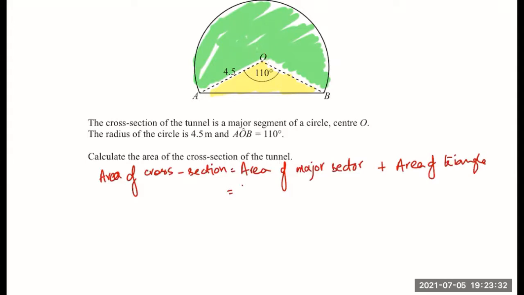What is this outer angle? This outer angle is 360 minus 110, which is 250. So 250 over 360 into pi r square plus area of triangle, half AB into sine of 110.